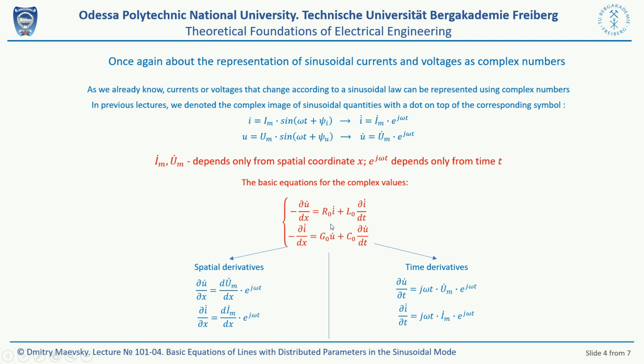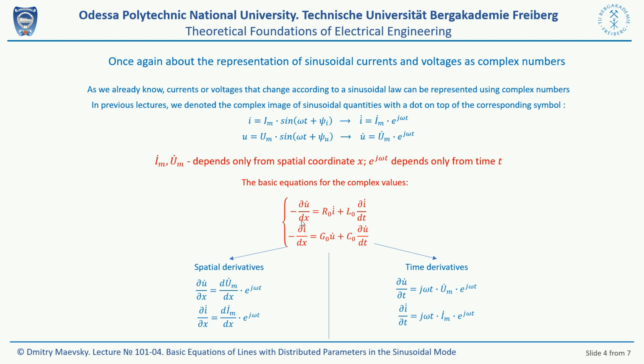Therefore, let's rewrite the system of telegraph equations for complexes of instantaneous values of current and voltages. This system is shown here. Pay attention to the dots above the letters U and I in these equations. This suggests that in these equations we use complex numbers.